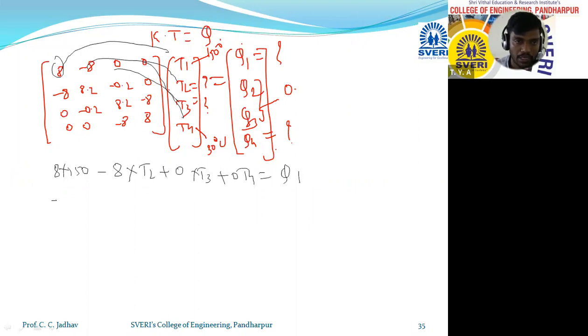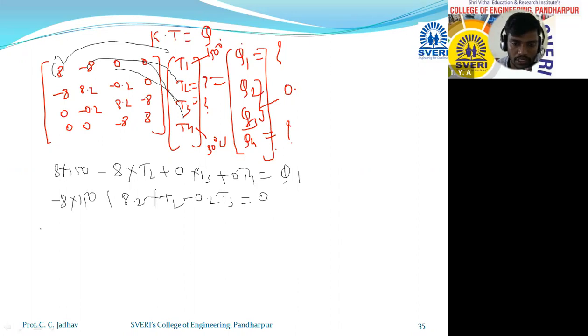Then minus 8 into 150, plus 8.2 into T2 minus 0.2 T3, 0 into T4, that will be 0, is equal to 0.